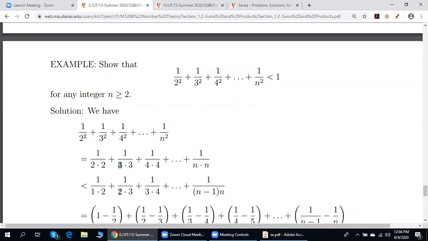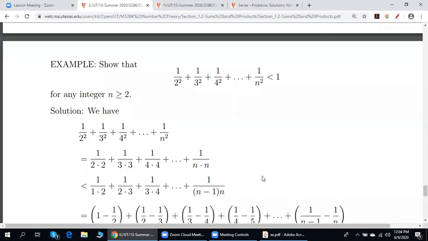Since 3 is greater than 2, 1 divided by 3 times 3 is less than 1 divided by 2 times 3. And so on. Since n is greater than n minus 1, 1 divided by n times n is less than 1 divided by n minus 1 times n.